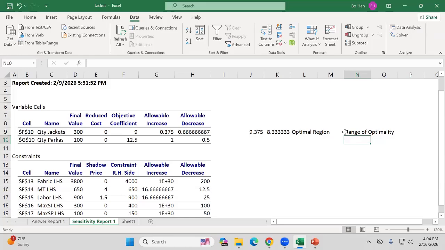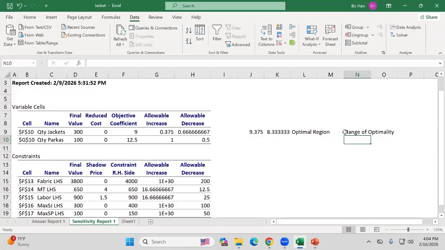But if you work for a McKinsey, PwC, those consulting firms, when you analyze a company, you will deal with a lot of different sales, different decision variables. So every time you do analysis, it takes you time and effort. We want to see in which range we don't have to change our current analysis.